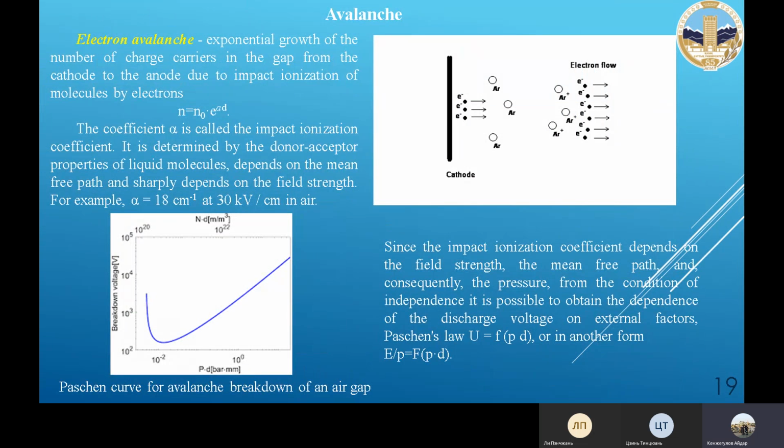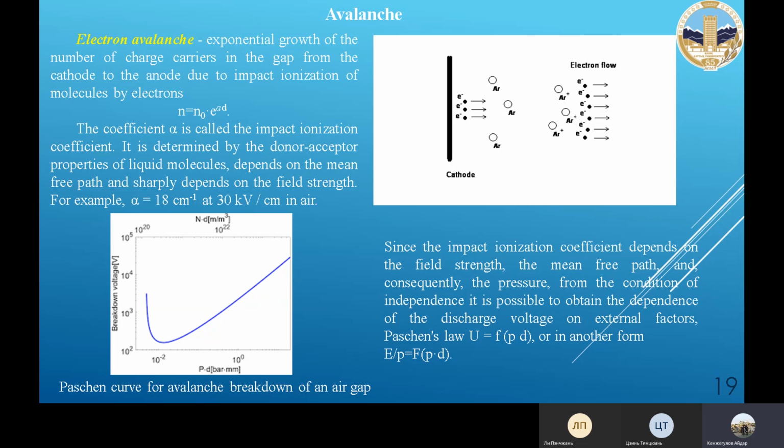So first is the electron avalanche. If the energy over the path length is sufficient, after the first collision an additional electron and ion appear in the volume. After the second collision, two more electrons and two ions appear, and so a so-called avalanche occurs.